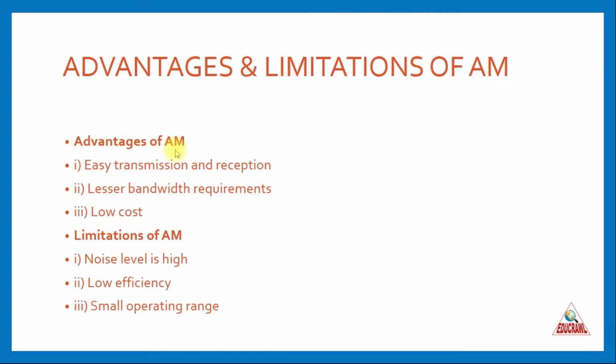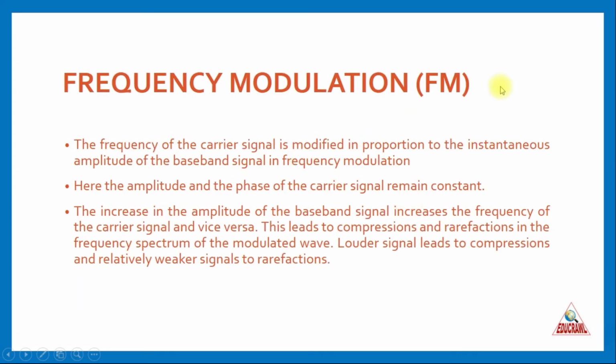Now the limitations: the noise level is high compared to the other two, the efficiency is also low, and the operating range is also small. So we move on to the next method, which is frequency modulation.